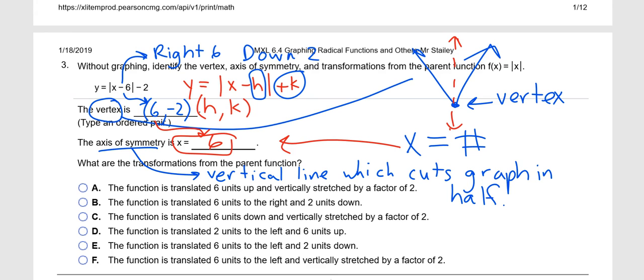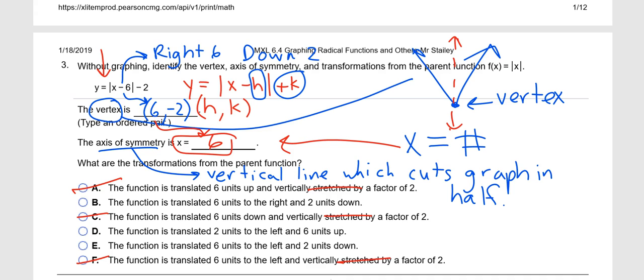Now, the number in front of the absolute value bars is a positive 1, which means there's no stretching and no shrinking. The slopes of the lines are 1 and -1, just like they should be. So, to say stretched, these aren't even reasonable choices. So A, C, and F are not reasonable choices for this answer.